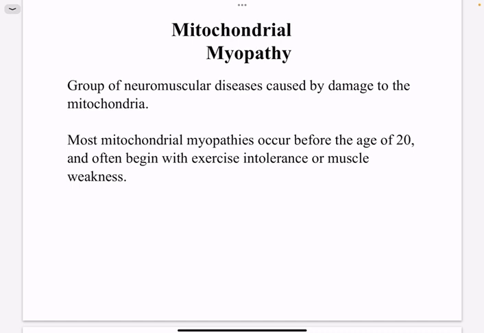It is a group of neuromuscular diseases caused by damage to the mitochondria. The damage comes from a mutation in either the mitochondrial genome or the genomic DNA, and mitochondrial proteins could be produced by either of them. Most mitochondrial myopathies occur before the age of 21, because it is an early-onset disease due to deficiency in the function of the mitochondria.